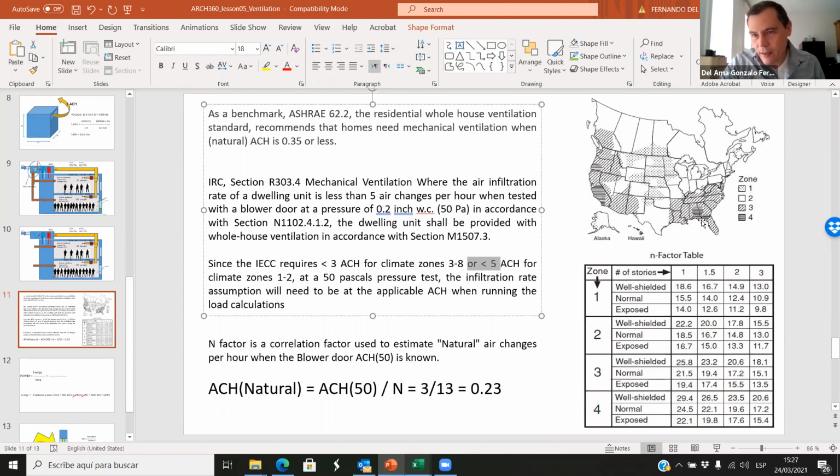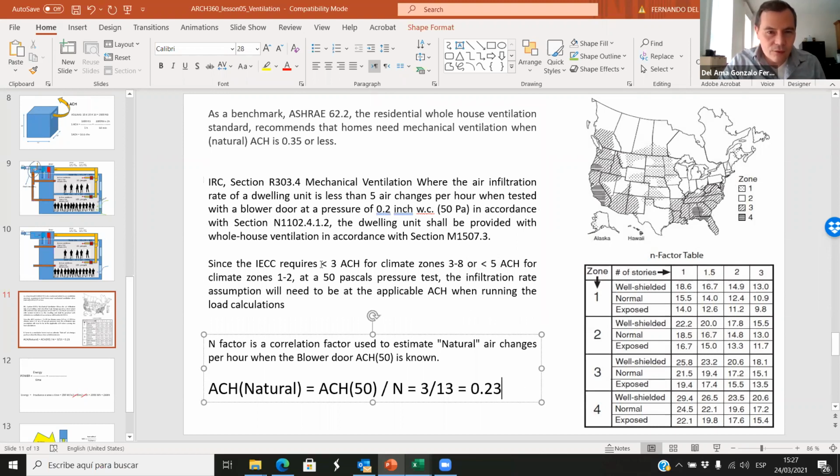We have California and Miami and the Gulf of Mexico. This is the hot and humid zone. We have this border, Alaska. This is zone 1. And in New Hampshire and the northeast of the United States, we are in zone 2. So we are in zone 2 when it comes to all these calculations.